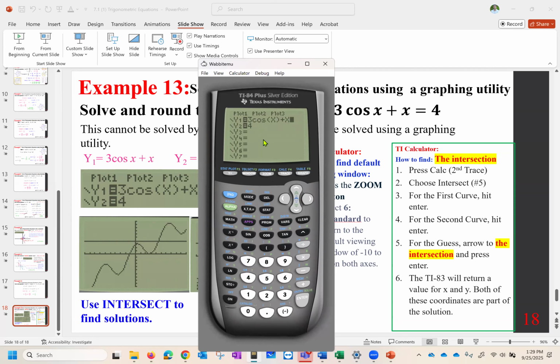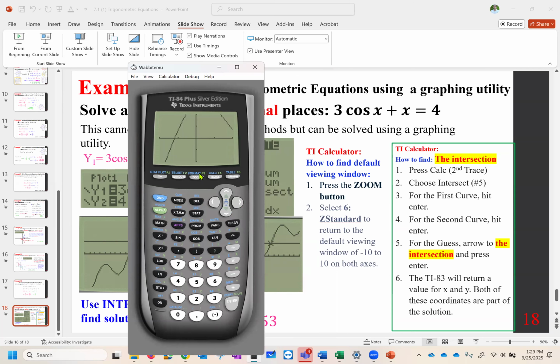I think I then put the x. Let's see. Enter. Okay. Enter. Let's graph it now. So it shows you the graph.